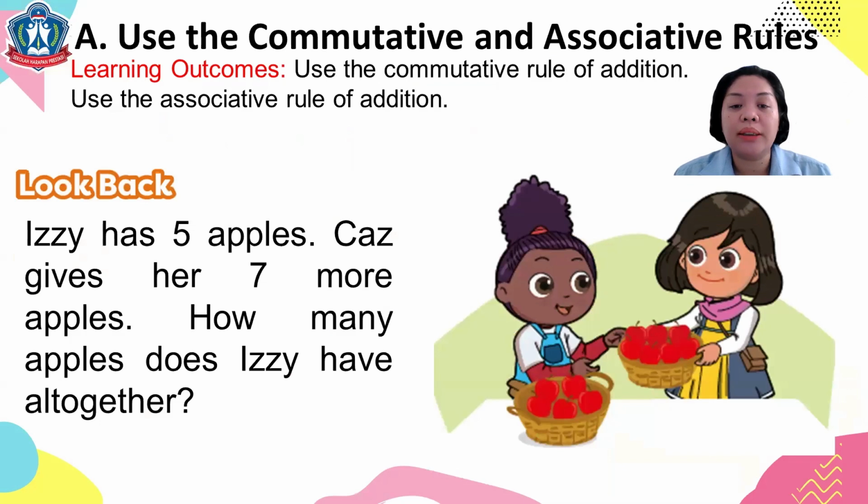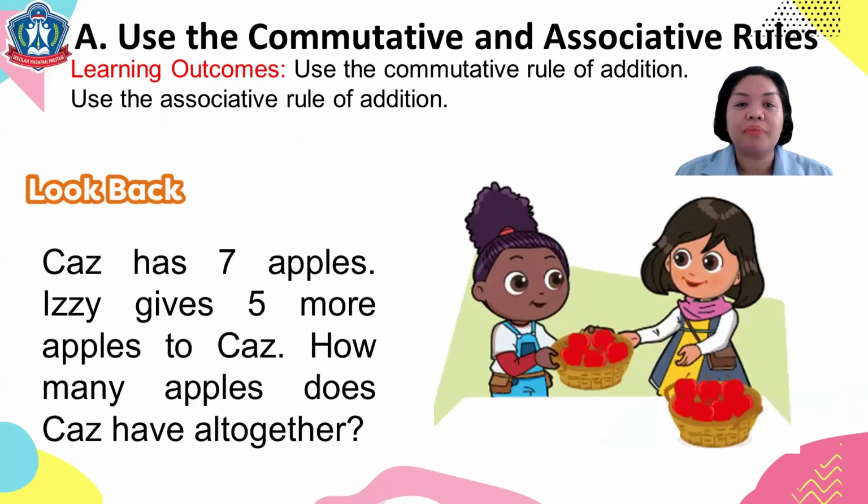Kaz gives her 7 more apples. So how many apples does Izzy have altogether? So this is a simple addition, right? We just simply add 5 and 7, and that is 12. So Izzy now has 12 apples altogether.